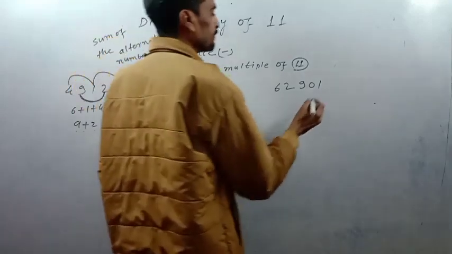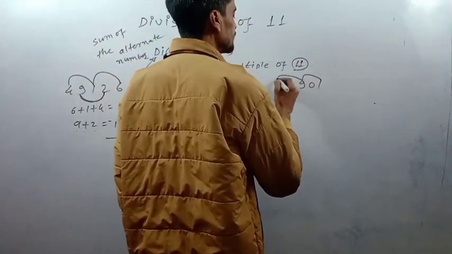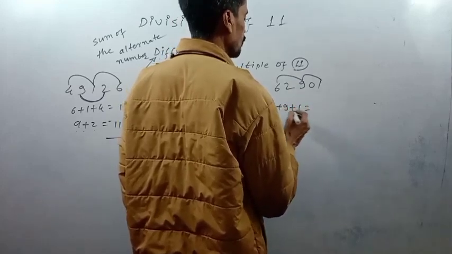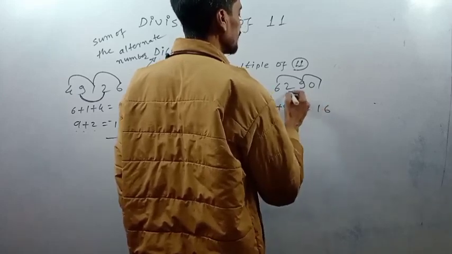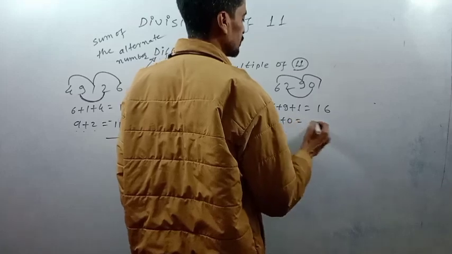Here we can see: leave 1, 0, alternate 9, alternate 6. 6 plus 9 plus 1 equals what? 9 and 1 is 10, 10 and 6 is 16. Then 2 plus 0 equals 2.